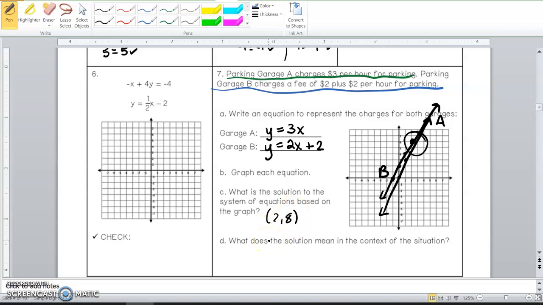So in the context of this situation, what does it mean? It means that x was 2 and y was 8. In our initial equation here, what did x represent? This variable was holding the place of what?